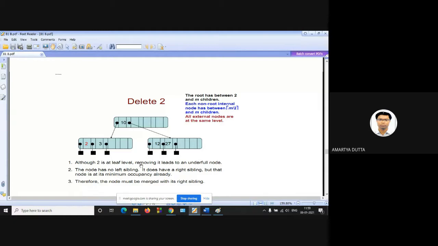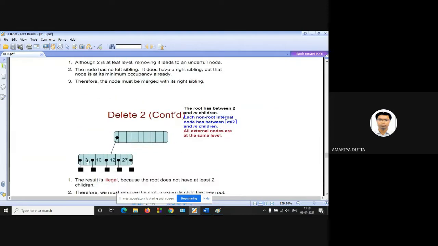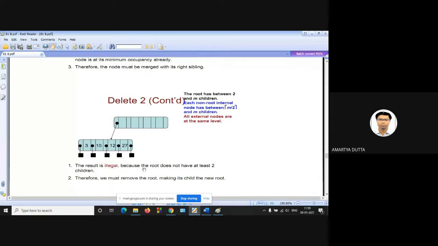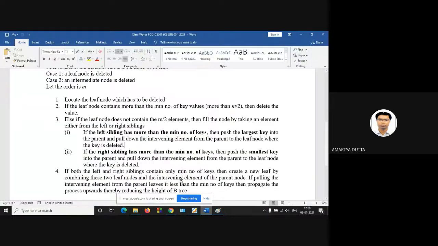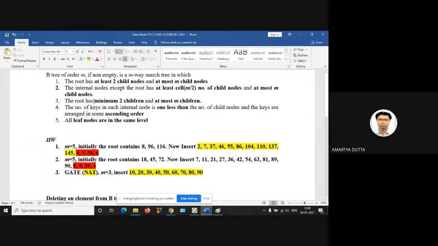Now what should we do? Therefore the nodes must be merged. One node will be formed: 3, 10, 12, 27. Now this is illegal because the root condition is that the root has minimum 2 children and at most m children.